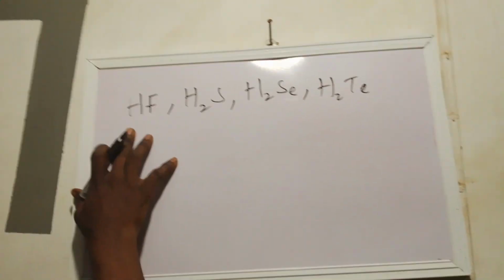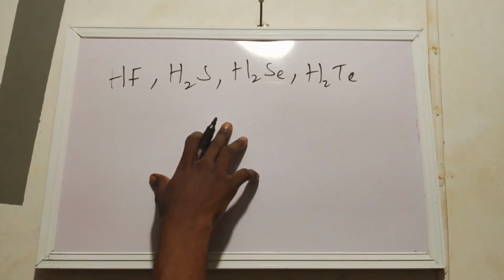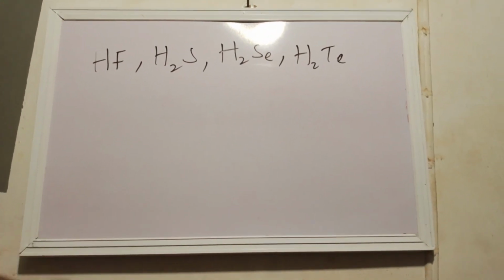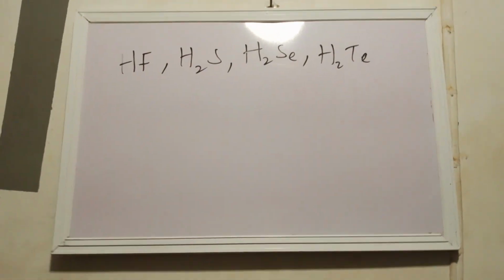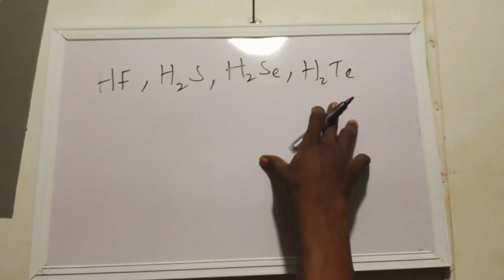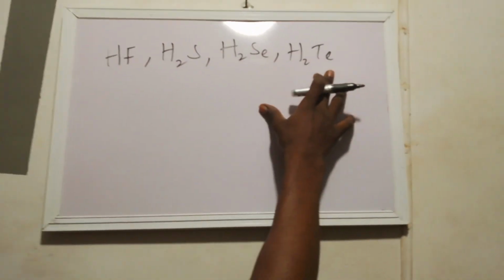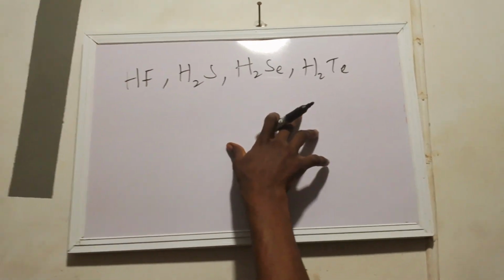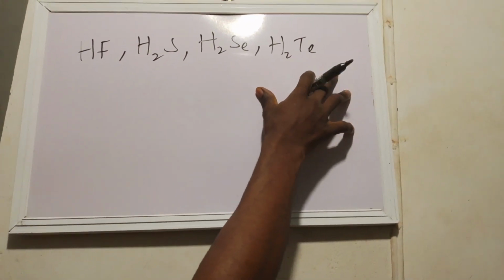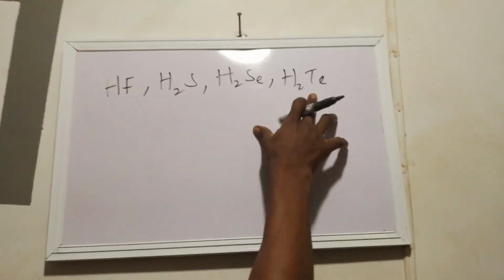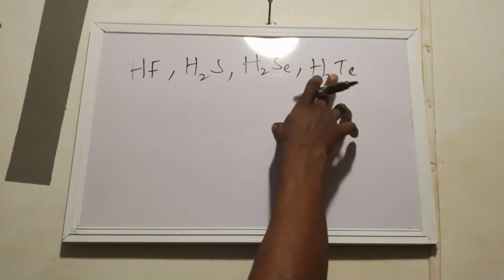So tellurium here has the lowest electronegativity because it is below selenium in the group. So it has lesser electronegativity down the group. Therefore it's going to form a more acidic compound with hydrogen. So the answer will be hydrogen telluride, because it has the least electronegativity and higher electropositivity in the periodic table.